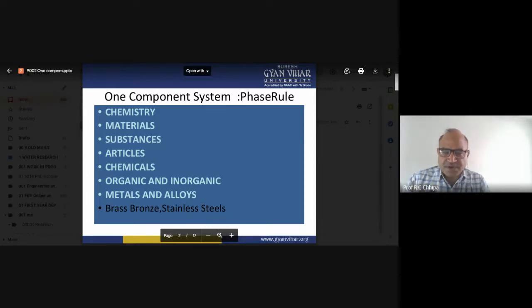Now, the different chemicals are there. For example, a PVC wire is formed by a chemical, polyvinyl chloride, made from vinyl chloride. That is a polymer. In case of limestone, the chemical is calcium carbonate.